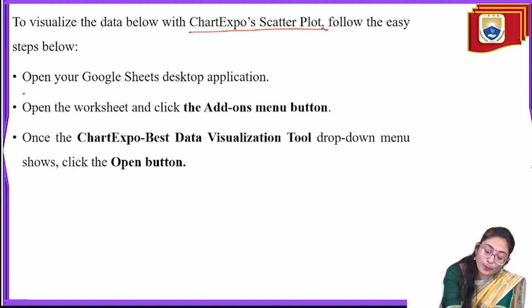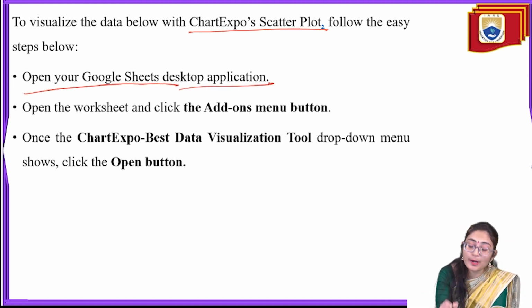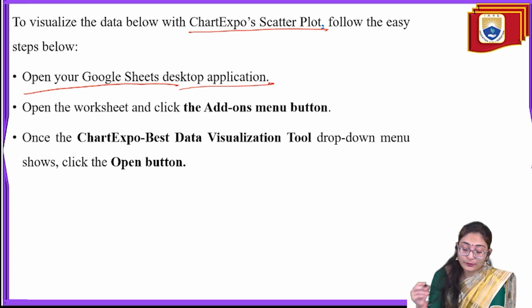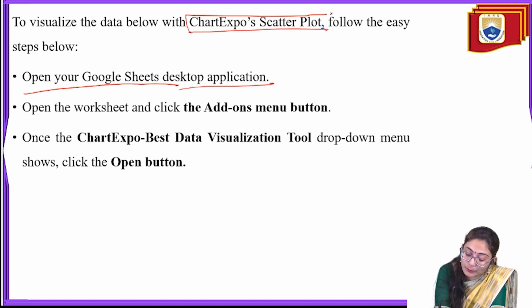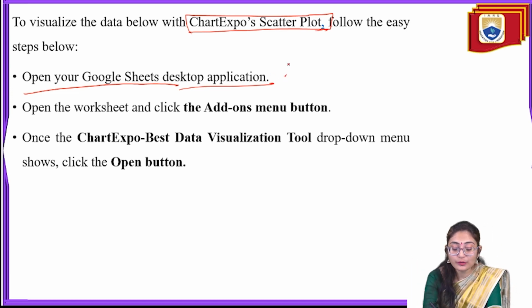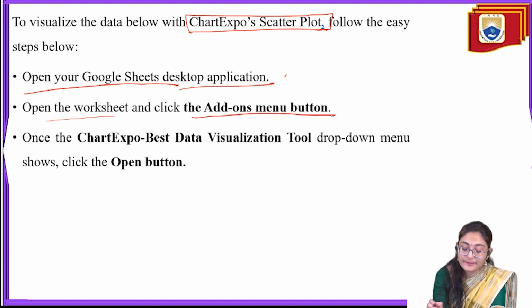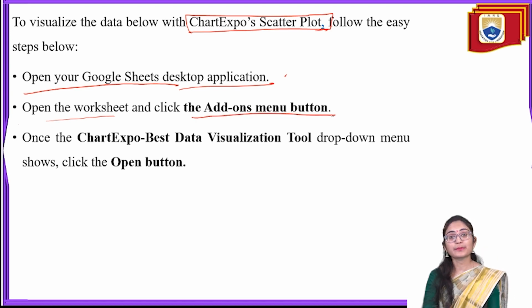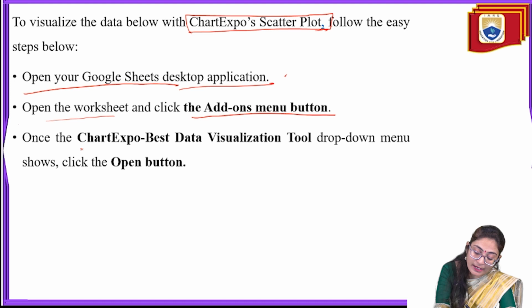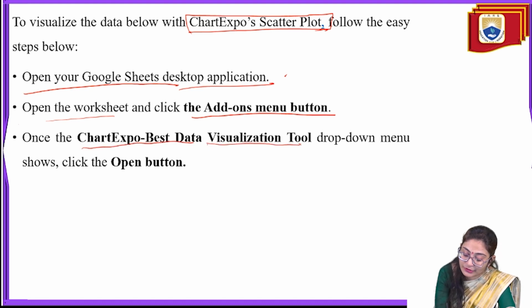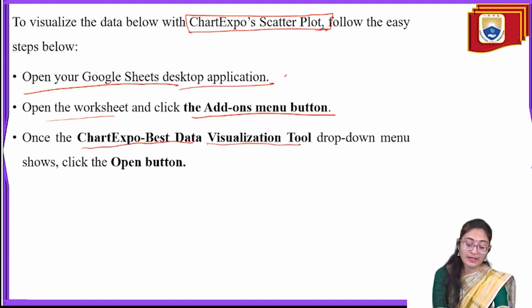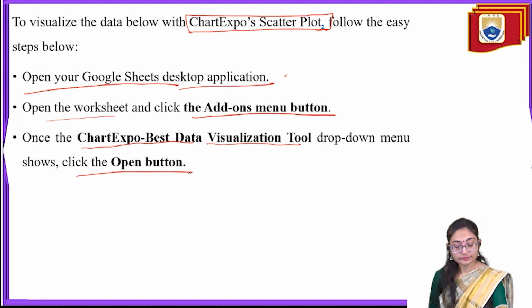First, open your Google Sheets desktop application. Then open the worksheet and click the add-ons menu button. Once the ChartExpo data visualization tool drop-down menu shows, click the open button.